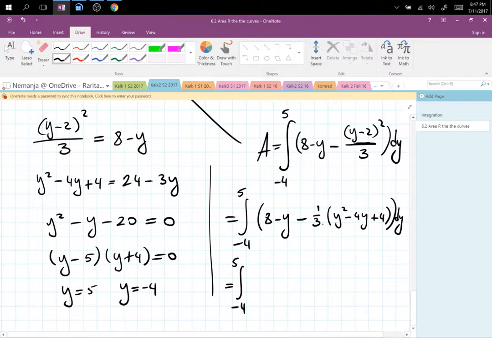So we have negative 1/3 y squared. Then I have positive 4/3 minus 1, that is plus 1/3 y. And then 8 minus 4/3, that's 20 over 4, which is 5.